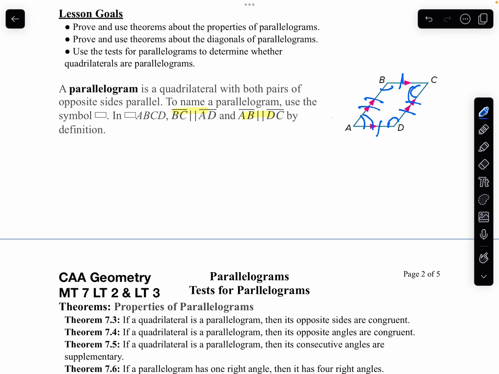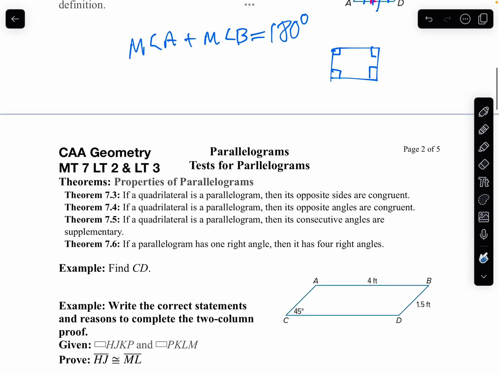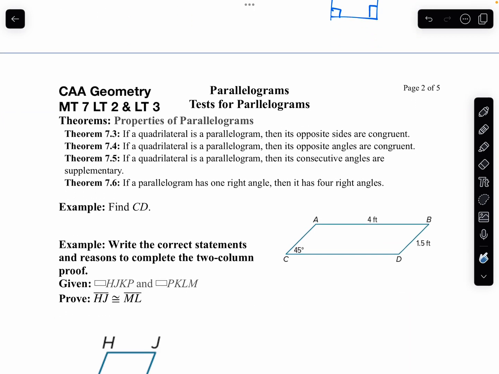So, for example, the measure of angle A plus the measure of angle B equals 180 degrees. We also know that if you have a parallelogram, and if one angle is a right angle, all the angles are right angles, because we know the opposite sides are equal and we know the adjacent angles are supplementary.